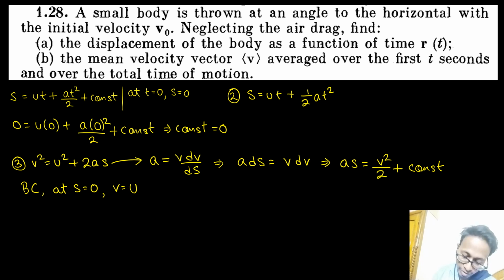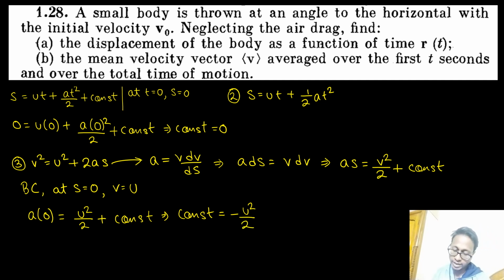You put this boundary condition here, what do you get? a into 0 is equal to u square by 2 plus some constant, or constant is equal to minus u square by 2. If I put this constant back into the equation, as is equal to v square by 2 minus u square by 2.